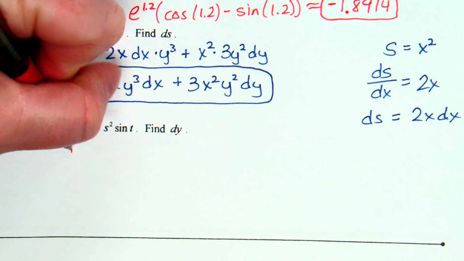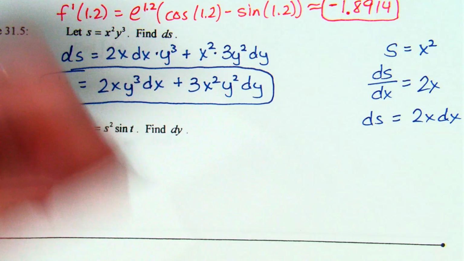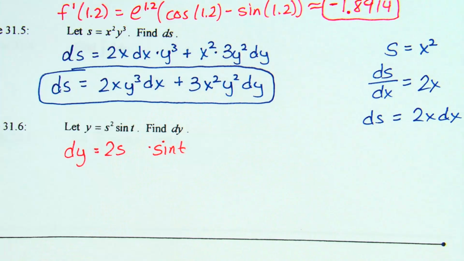Okay. Derivative of s squared is 2s times sine t. Then what?